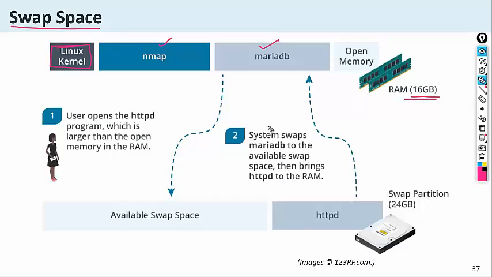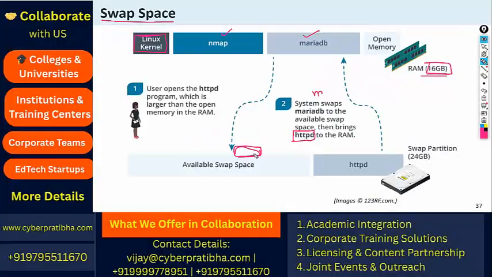MariaDB requires more RAM, because there is one daemon running, named httpd. So httpd, whatever the RAM size is, here 16 GB, is going to optimize all the space and require more space.